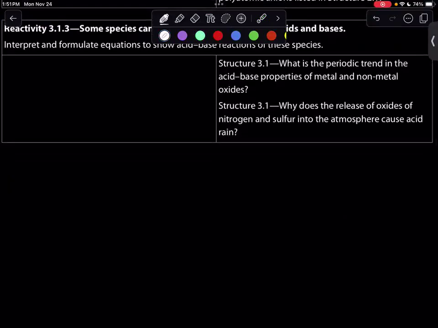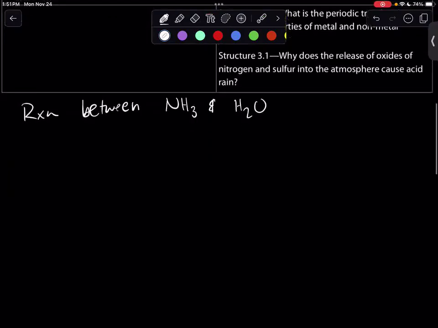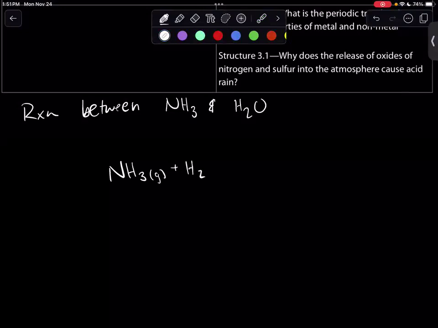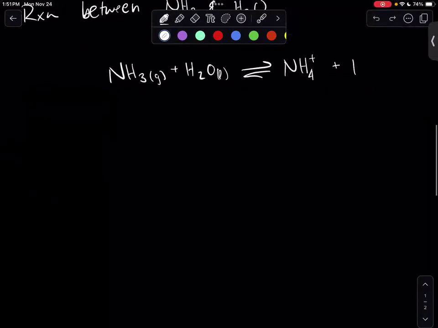One of the cool things to do is we'll use the reaction between ammonia, NH3, and water that we saw earlier in lesson 94. So when we look at ammonia, which we know is a Bronsted-Lowry base, the gas reacts with water to form, in actually an equilibrium reaction, NH4 plus and OH minus.